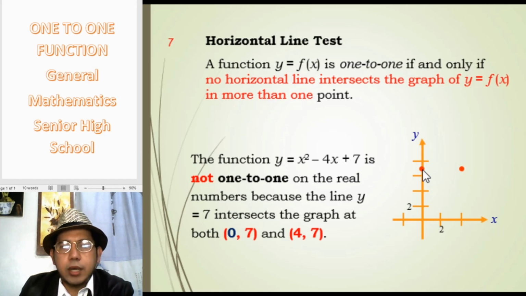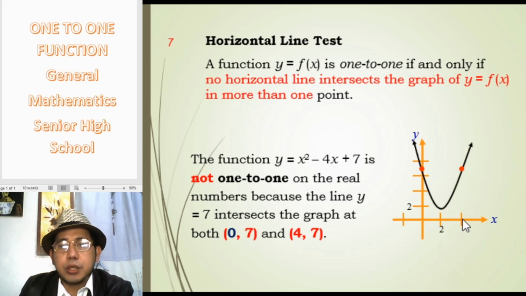So our y is 7, and where is our 0? We have in here. So this point has a coordinate of (0, 7). Another one would be to consider this point. So this point of course corresponds to y is equal to 7, and corresponds to your 4, which is x.